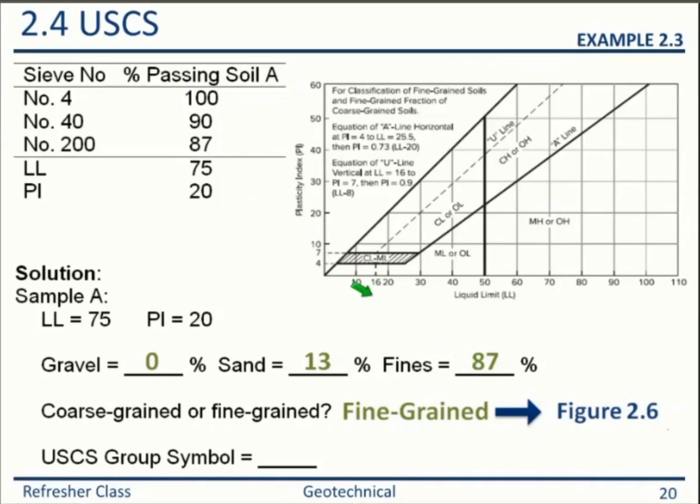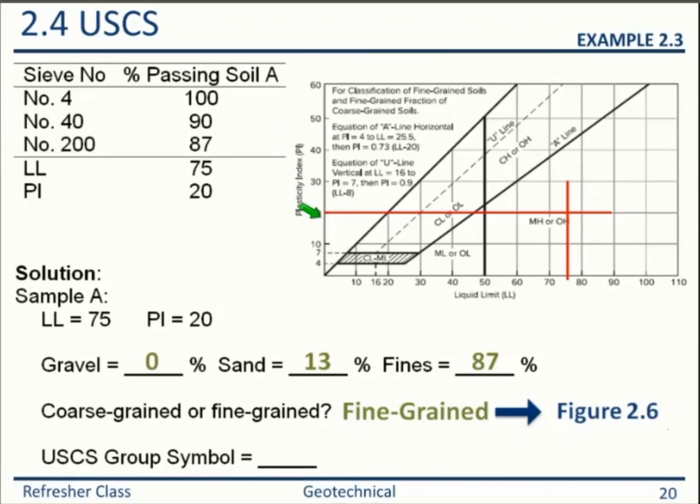Okay. So when the percentage passing through number 200 sieve is greater than 50%, then use this plot to find the first letter and second letter. So let's look here. Liquid limit is 75. So this is your liquid limit, LL. This is your 70, this is 80, right? So 75 should be in between here. And your PI is 20. This is your PI value, 20 is here. So if you plot, the point lies here.